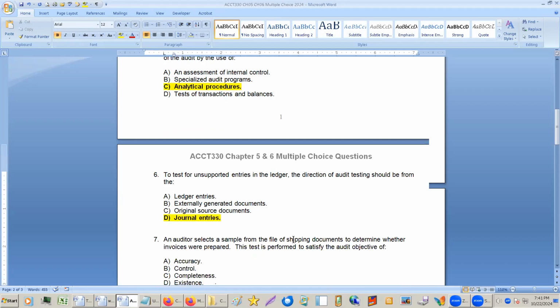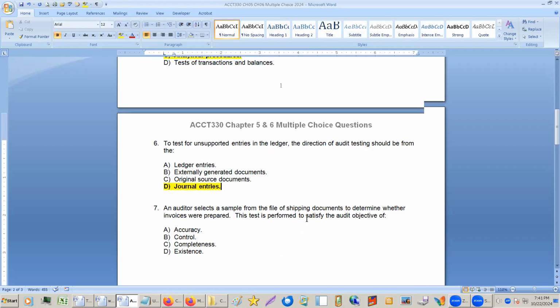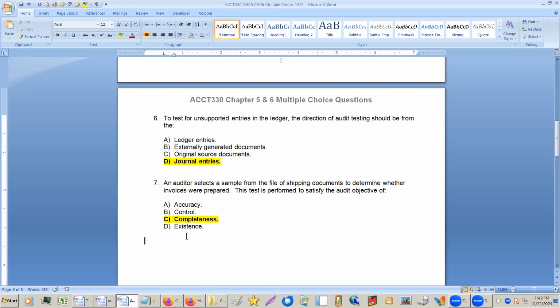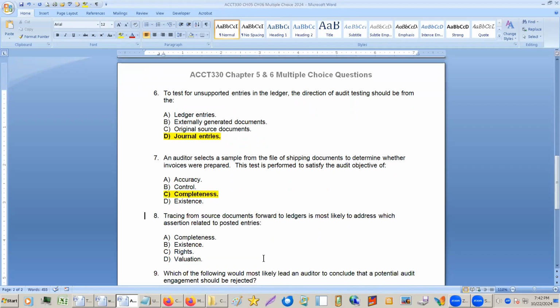All right, 7. Sample file of the shipping documents. Yes, completeness. Tracing source documents forward to the ledgers is most likely to test which of the following?